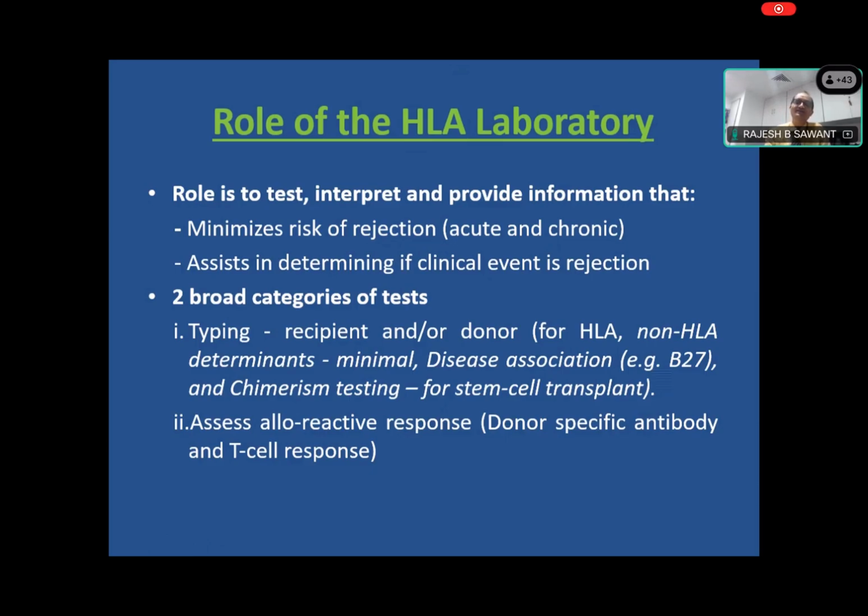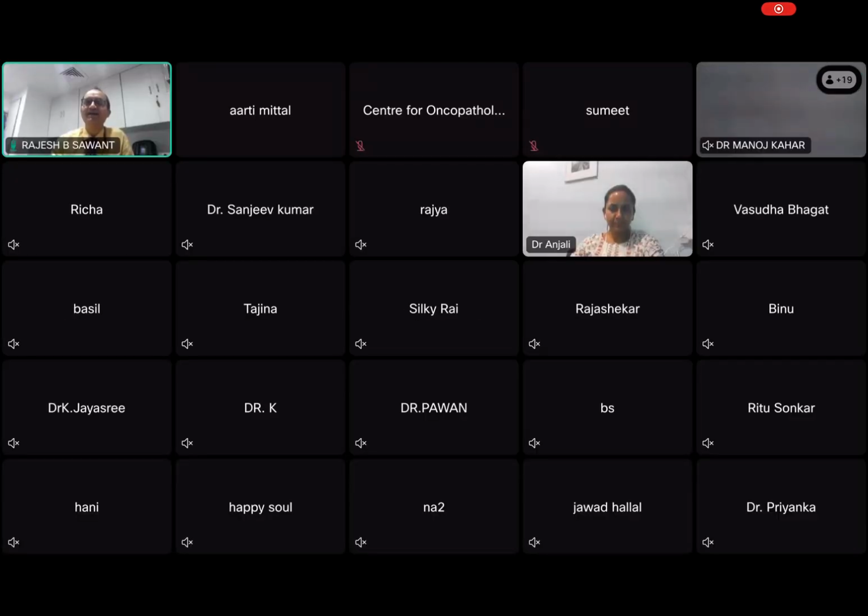So pre-transplant, we do certain HLA-based tests just to be sure that the transplant, whichever we have planned, is going to be successful and acceptable immunologically. And then after the transplant, we monitor the patient proactively for various events, like acute rejection, chronic rejection, etc. Right?